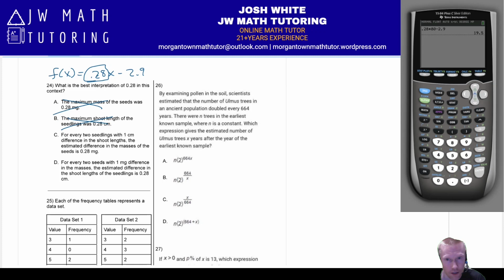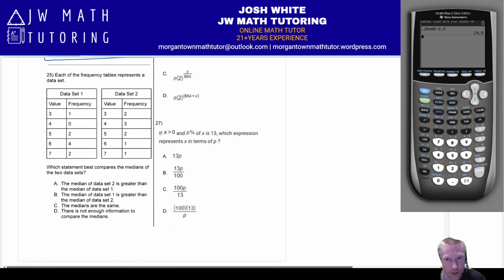So the correct answer is letter D: a 1 milligram difference in the mass will result in a difference of 0.28 centimeters in the shoot length, or in the y value. So the correct answer for this one is letter D.